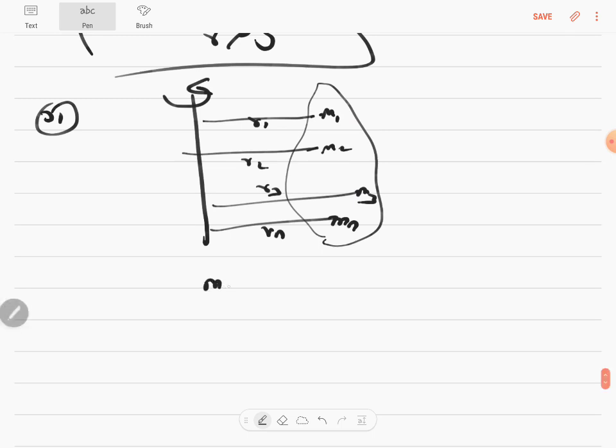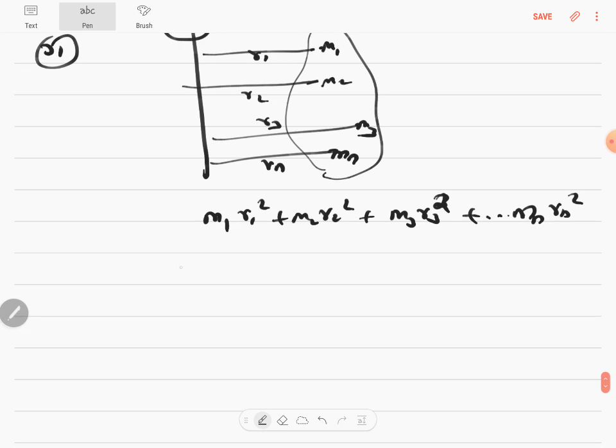Moment of inertia is m1 r1 square plus m2 r2 square plus m3 r3 square plus dot dot dot mn rn square. Considering all the masses to be the same, the net moment of inertia is m into r1 square plus r2 square plus r3 square plus dot dot dot rn square.